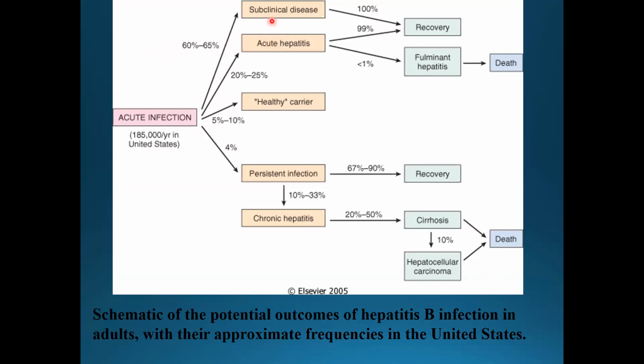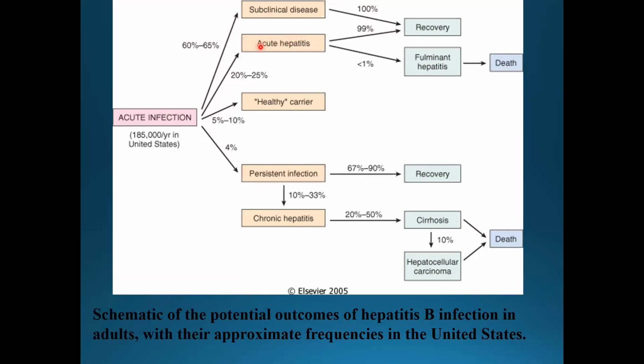So let's say that subclinical disease means the disease happened, but the patient does not really know that it is happening because the acute disease is very mild. That happens in about 60 to 65% of cases, and about 100% of those patients will go on to have full recovery. Of course, acute hepatitis will be a nerve-wracking experience for the patient, for the family, and for his clinicians.